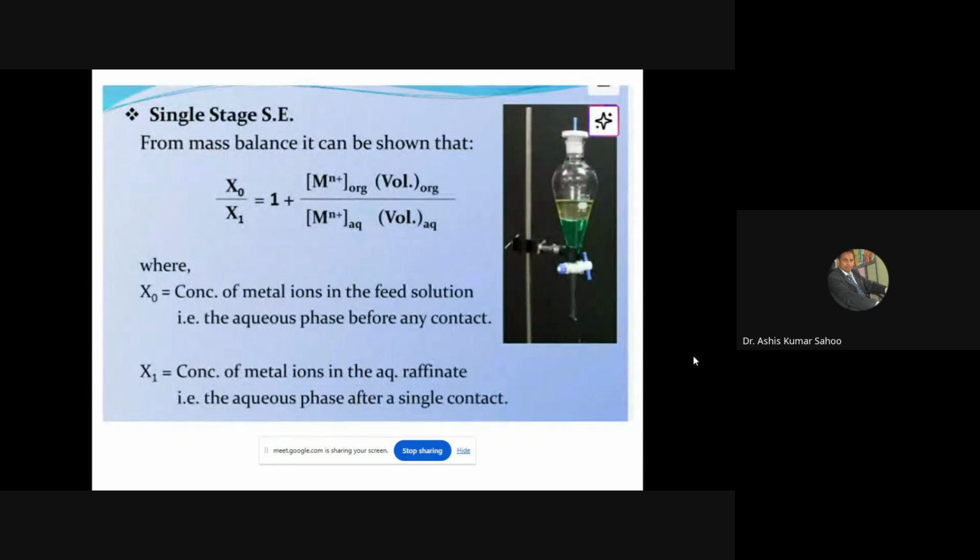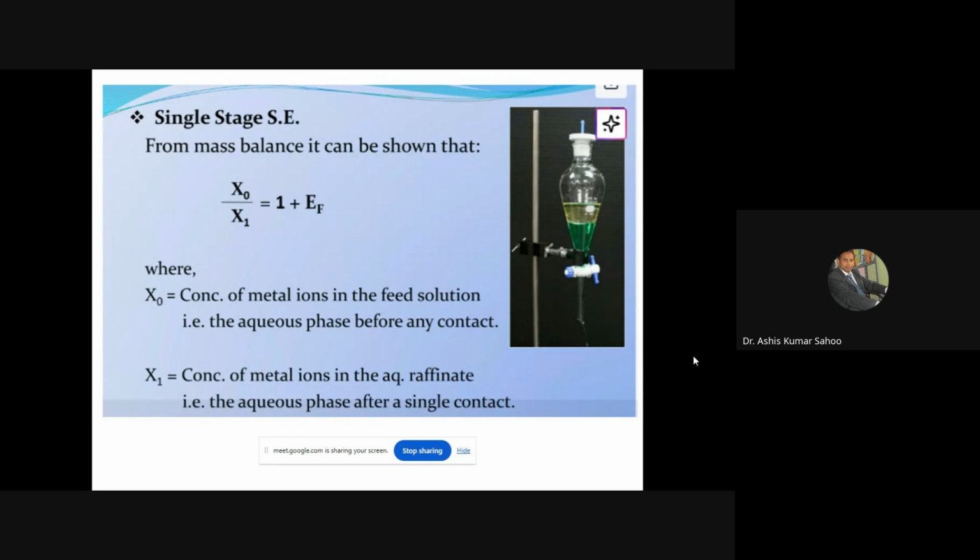These are the different solvent extraction phenomena, where X0 is the concentration of metal ion in the free solution, the aqueous phase, before any contact. X1 is the concentration of metal ion in the aqueous phase after extraction.